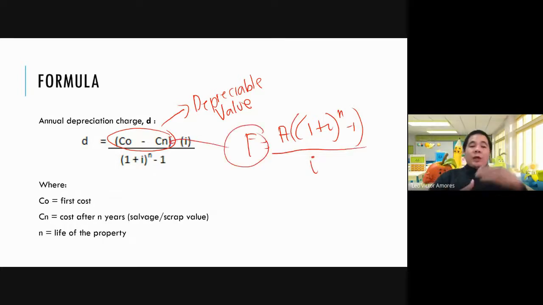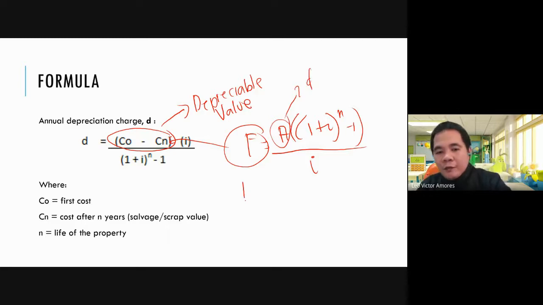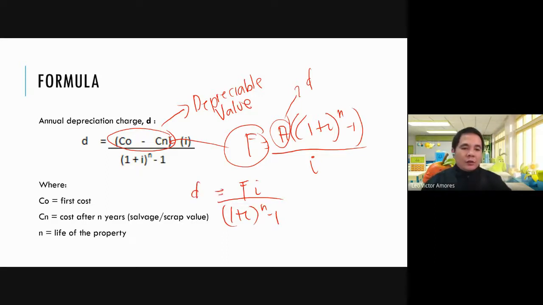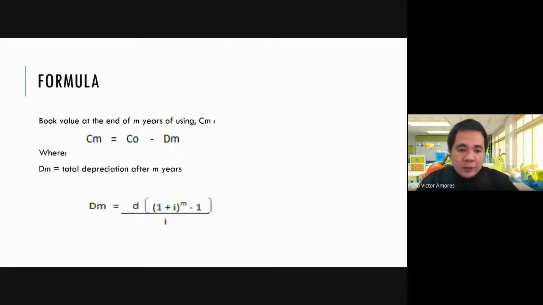Kaya mao ni imong gi-replace. You are disregarding your salvage value, because you assume that the salvage value is yours at the end of the service life of your asset. So what you are replacing is the future value, or the first cost minus the salvage value. Therefore, this is your D. So that is F times I divided by (1 plus I to the exponent of N minus 1) equals your D. Okay? So kung mag-compute ka og accumulated depreciation, you are already considering interest in your accumulated depreciation.